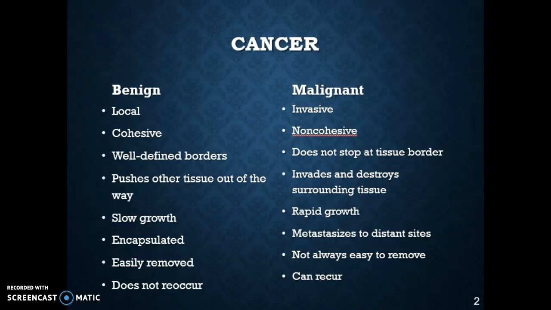Usually benign tumors will be encapsulated, meaning that they are very distinct and have a surrounding tissue that's all enclosed, whereas cancerous ones tend to, again, be reaching outside of those borders to distant sites. And because of the way those grow, they're not always easy to remove, making cancer tumors much harder to take out of the body, and benign tumors easily removed.